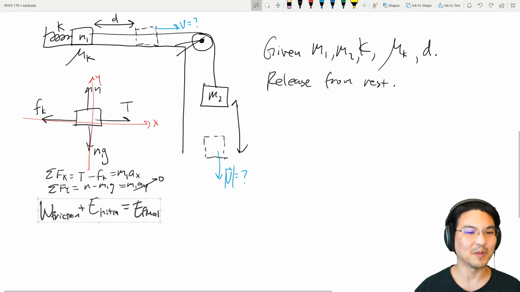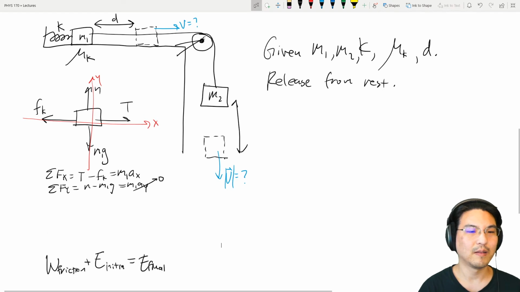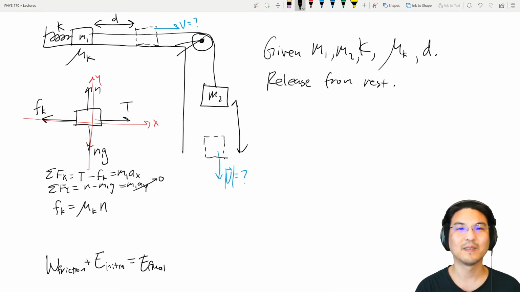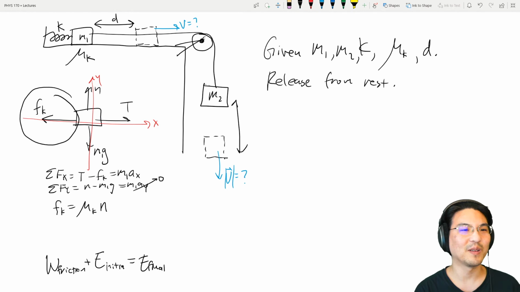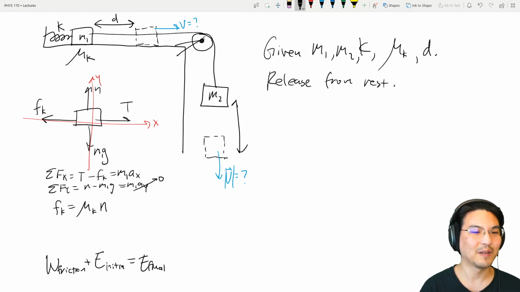Let me make some space over here. Okay, we know that friction is mu k times n, the friction force. What is the work by friction? The friction force is to the left, the displacement is toward the right. So what is the work by friction?